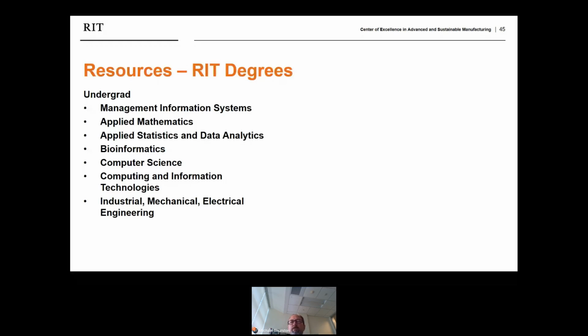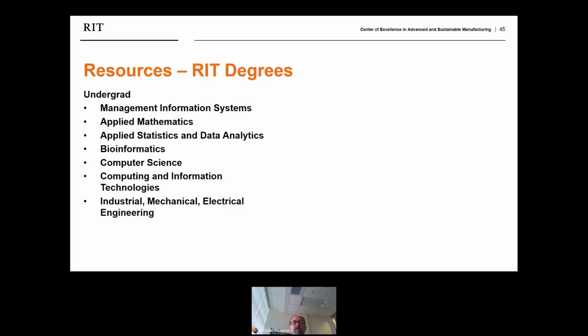So there are a lot of people coming out of college who have some of the basic tools to be able to do this work. However, specific training and experience in particular business intelligence software and methods will be needed to be successful.